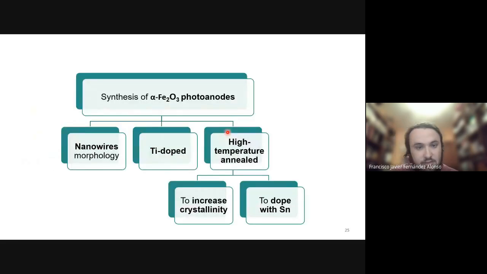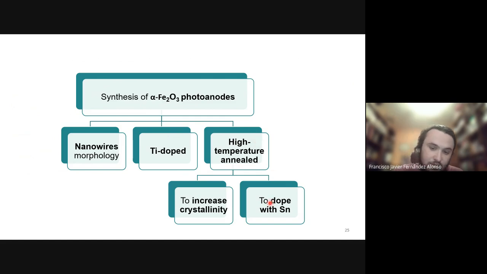So the objectives of this work were to synthesize hematite photoanodes with nanowire morphology to try to have the highest specific surface area possible, doped with titanium to see the effect of titanium doping on the photoelectrochemical properties. And also we studied the application of a high temperature annealing step.